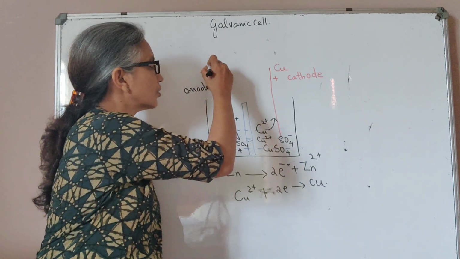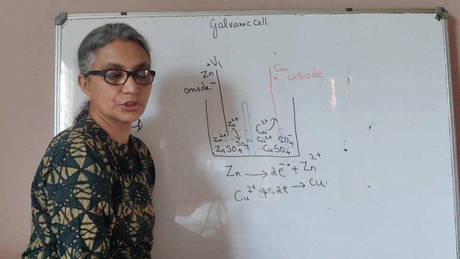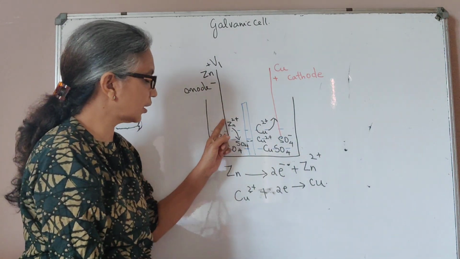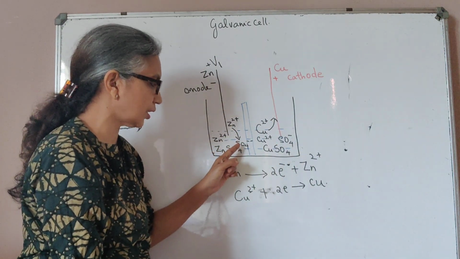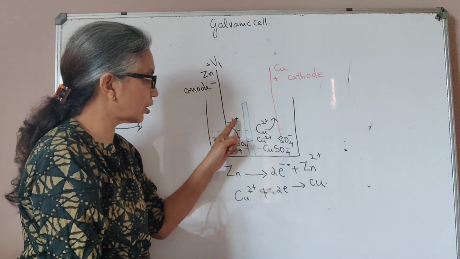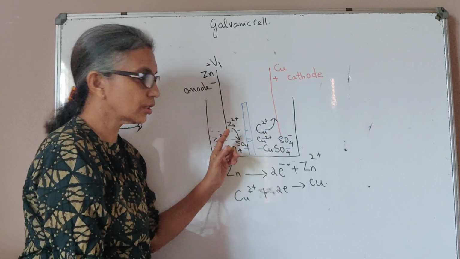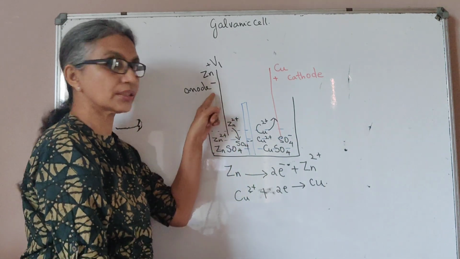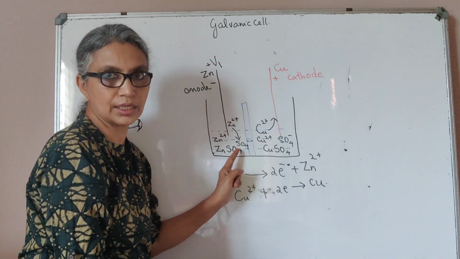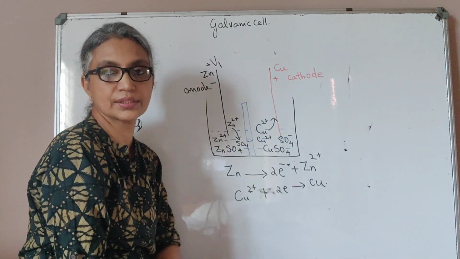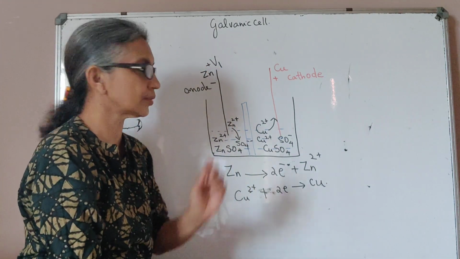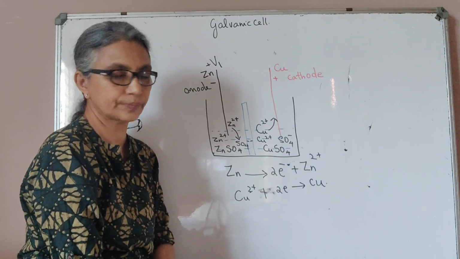I am assigning it a positive sign because it is at a higher potential. Since zinc ions are moving into this electrolyte, we know that charges always move from higher potential to lower potential. So we may take the zinc rod to be at a higher potential than the electrolyte, and therefore I have assigned plus V1 as the potential of the zinc electrode.